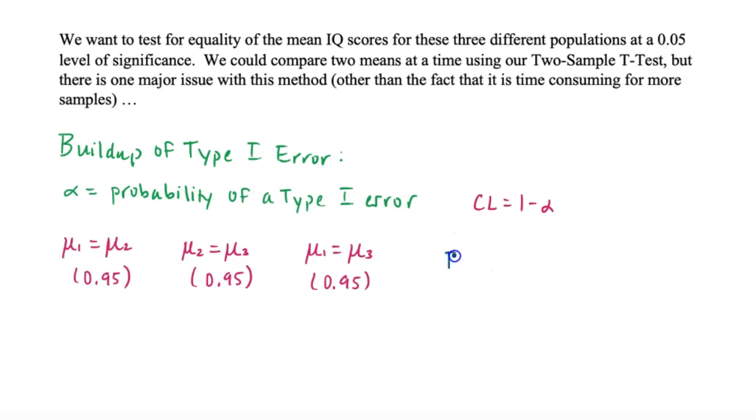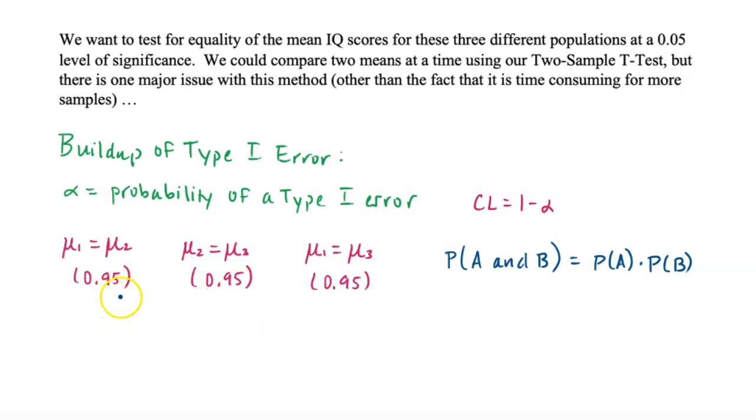If I want to find the probability of event A and event B occurring, and they're independent events, then I'm going to take the probability of A and multiply this by the probability of event B. The same logic applies here.